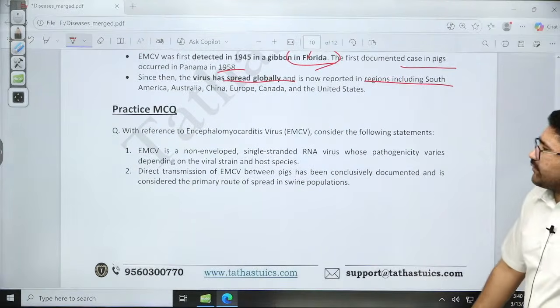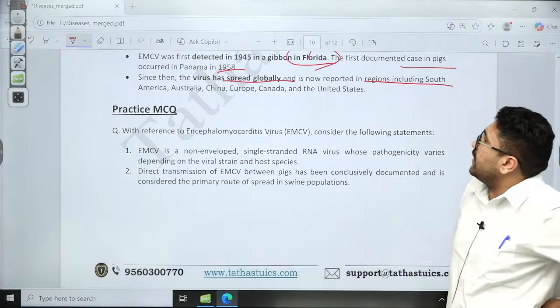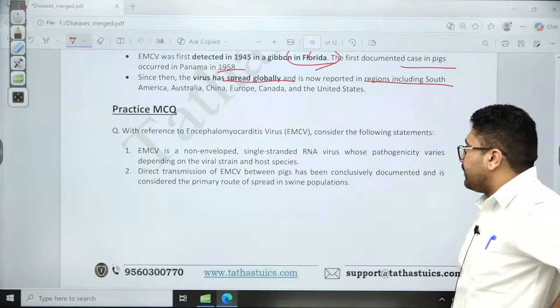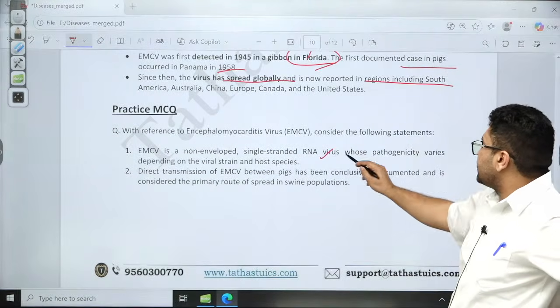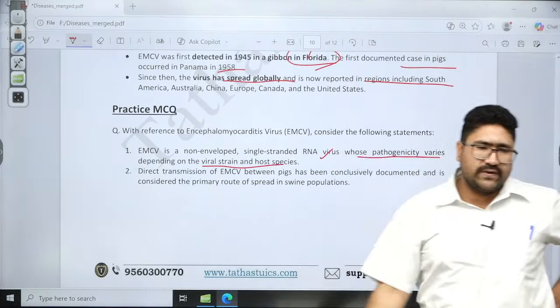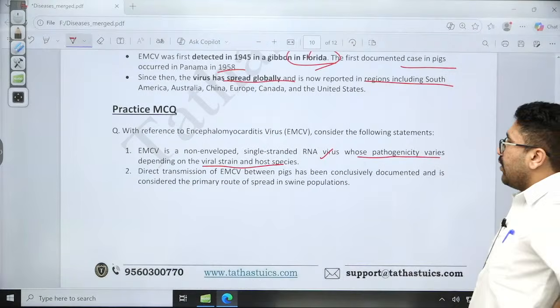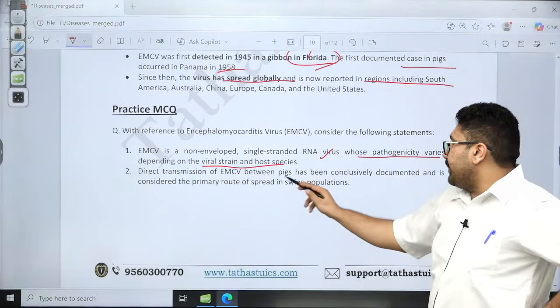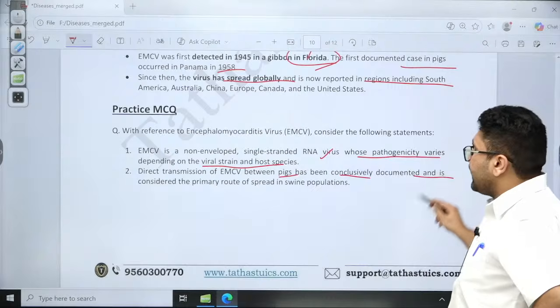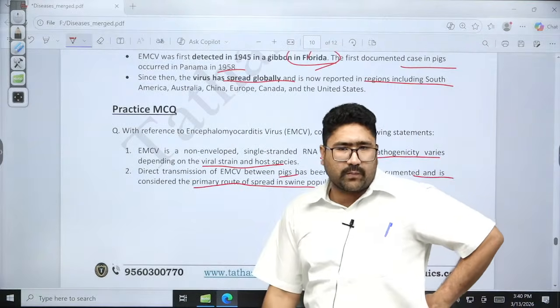Question says, with reference to this EMCV virus, consider the following statements. EMCV is a non-enveloped single-stranded RNA virus whose pathogenicity varies depending on the virus strain and host species. No problem. Second statement says, direct transmission of EMCV between pigs has been conclusively documented and is considered the primary route of spreading the disease among the swine population.